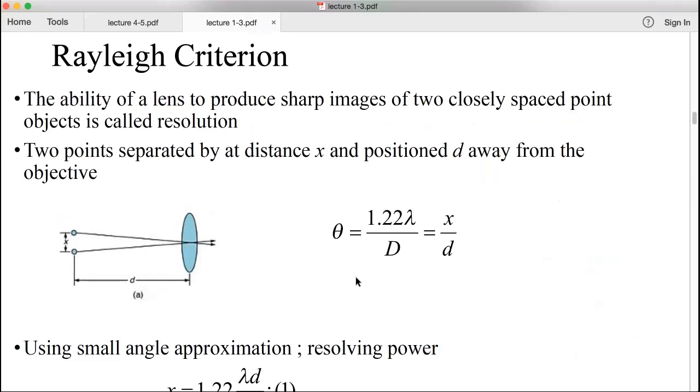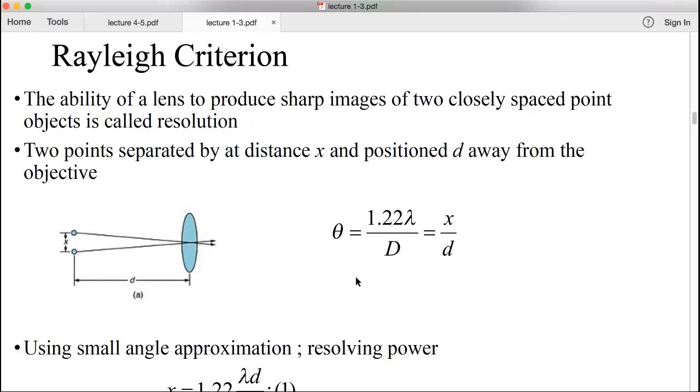So we talk about the Rayleigh criterion using diffraction by a circular aperture, but now we are going to apply it to optical microscopes. In optical microscopes or in electron microscopes, we use some sort of lens so that we can converge the beam and then produce an image.